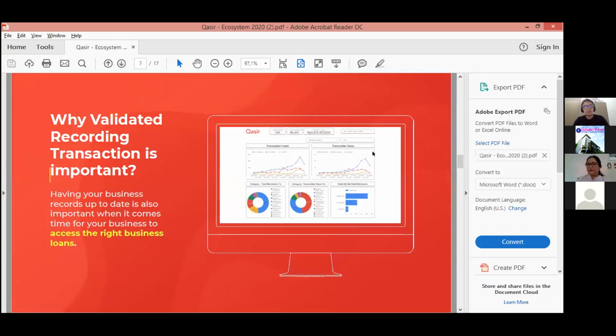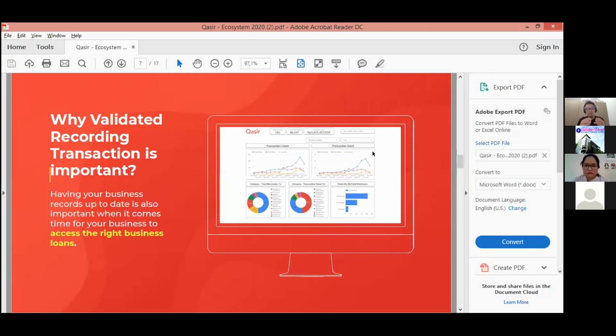Okay. So why is validated transaction recording important? Having transaction records is important so you can measure your business and know your business metrics, whether you're going down, and how your profit or margin is doing, whether it is improving or not. And after you can validate your transactions, you have easy access to the right business loans.